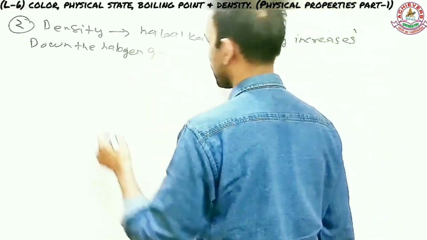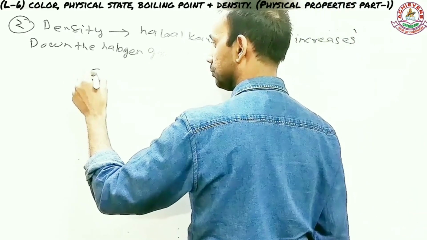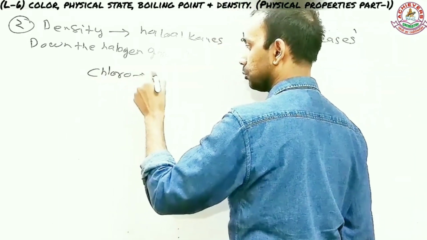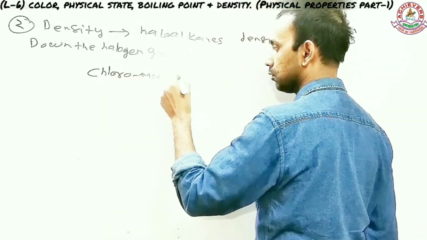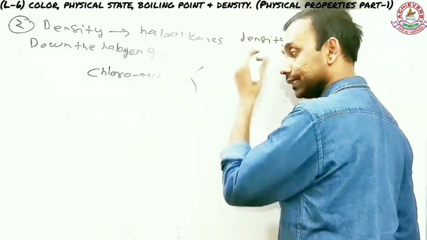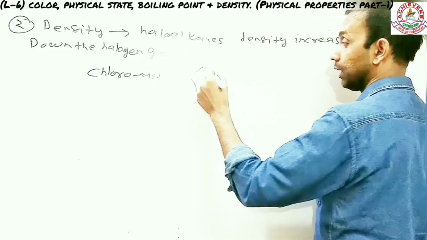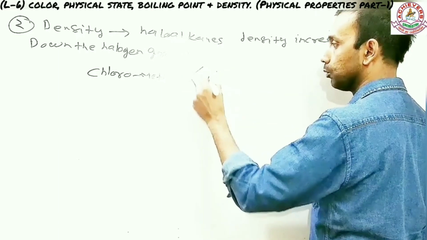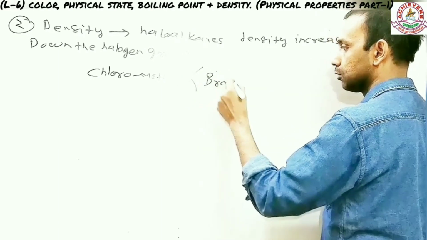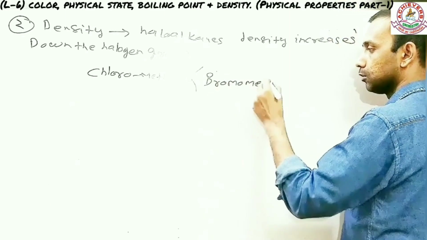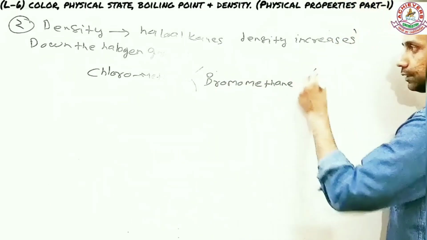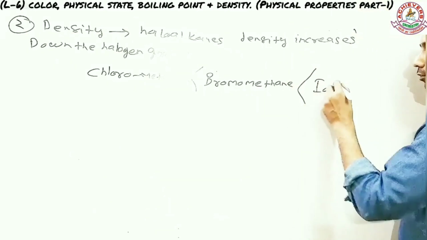What does that mean? That chloromethane will have the least density, then chloroethane, then bromomethane, and then if you take another example like iodomethane.